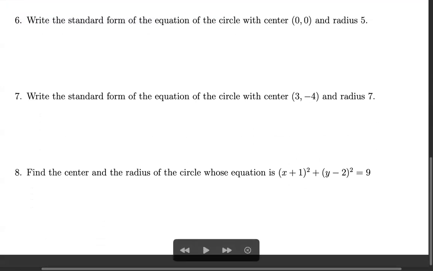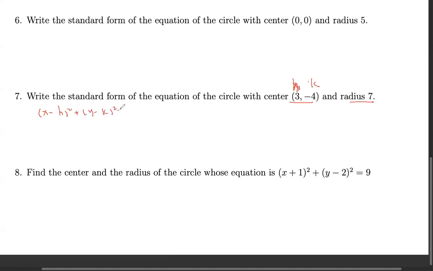Let's see 7 and 8. 7, write the standard form of the equation of a circle with this center and this radius. So let's recall, we have x minus, maybe any point, let's call it x, or no, h comma k. The center we call h comma k. x minus h squared plus y minus k squared equals the radius squared.